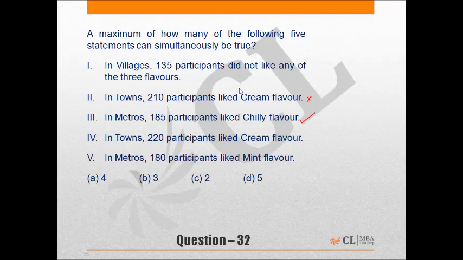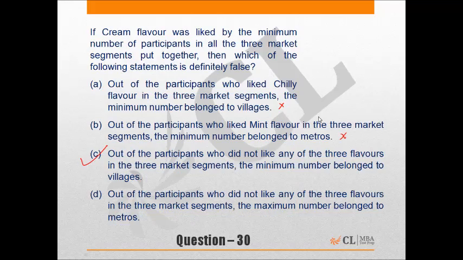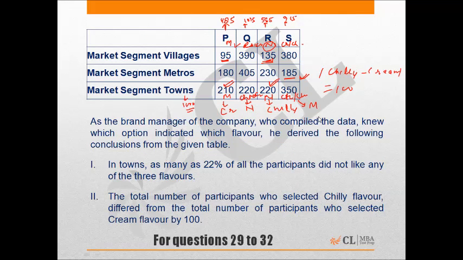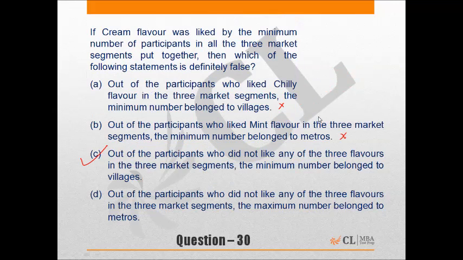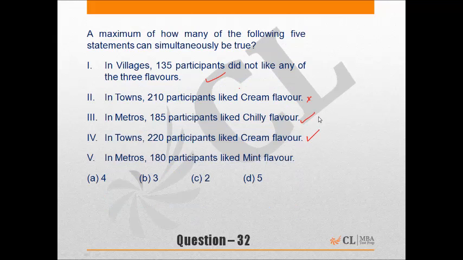So by now we have got 2 statements simultaneously true. Let's move to the next statement. In towns, 220 participants like cream flavor, which means cream stands for Q, and which is perfectly fine. There's no issue with this statement, so this statement is also true.